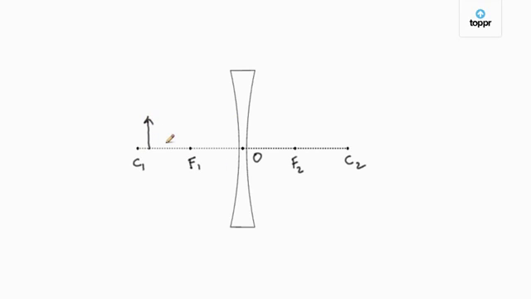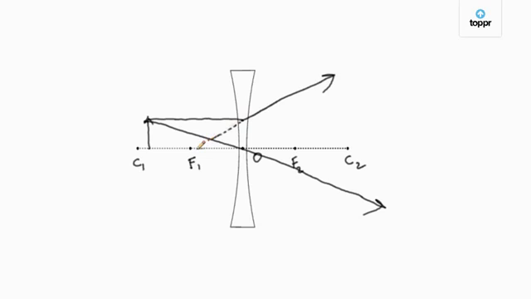Now, consider the second case in which our object is between infinity and the optical center. Let us draw the ray diagram for this case. Draw the first ray parallel to the principal axis, which after refraction from the concave lens will diverge like this. Draw the second ray through the optical center, and we know that this ray is going to pass undeviated. Now if I extend the first ray backwards, it is going to meet this ray at this point.